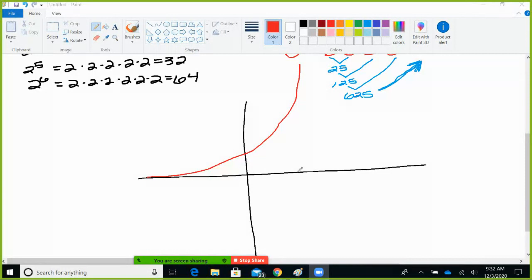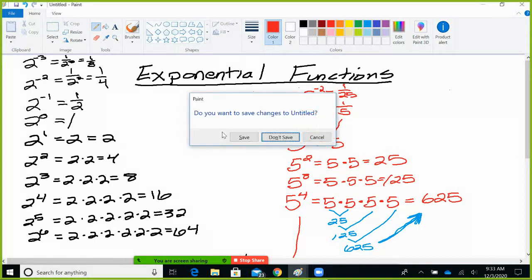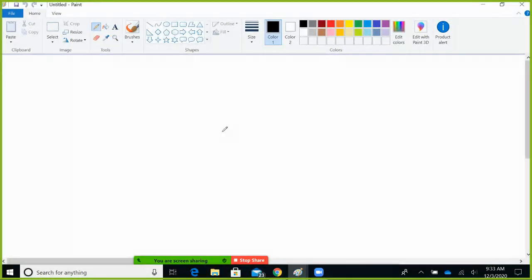All right. So does anybody need these notes still? We're going to graph a couple problems. I want us to graph these problems.